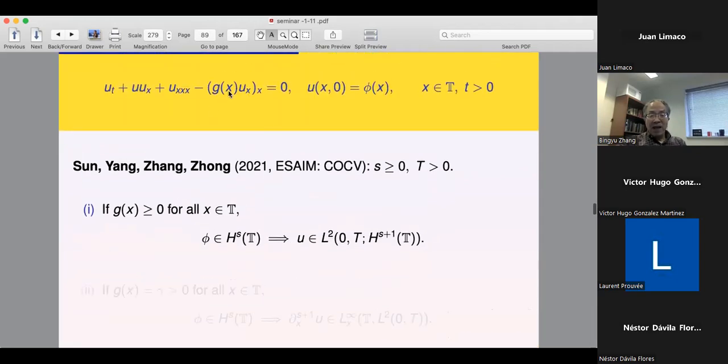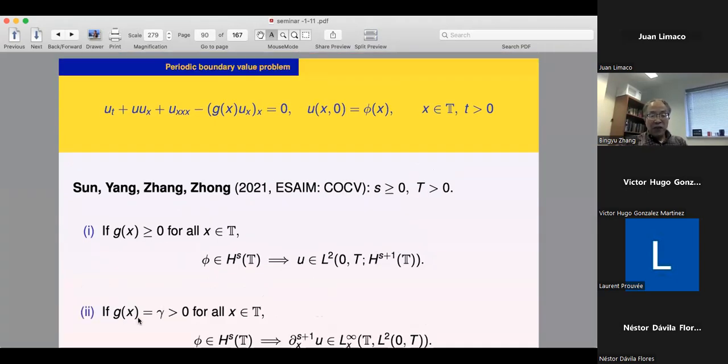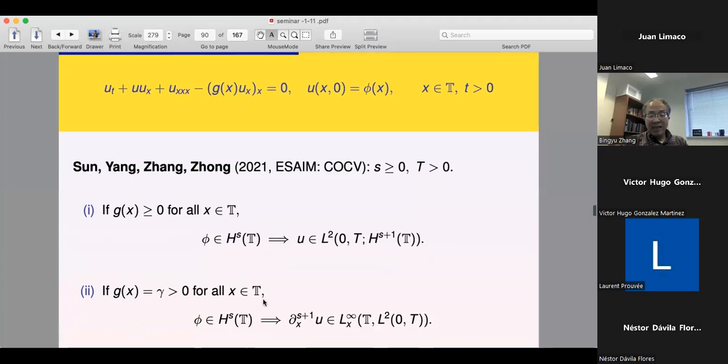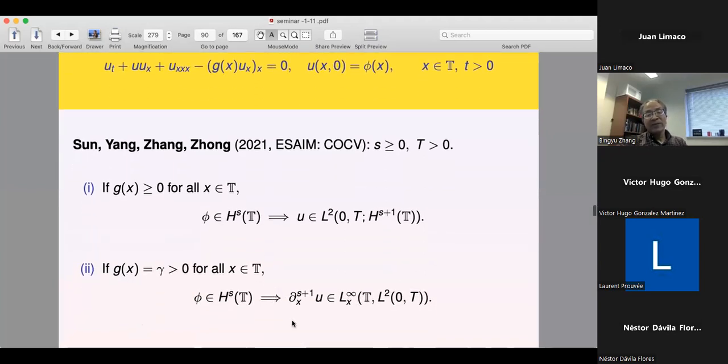If g is non-negative, so we have dissipation, but only acting on small parts of the domain T, then as long as this part is non-negative, you have a Kato smoothing. So the solution is one order smoother than the initial data. Next, we show that if g of x is constant, acting on the whole periodic domain, then we have sharp Kato smoothing.